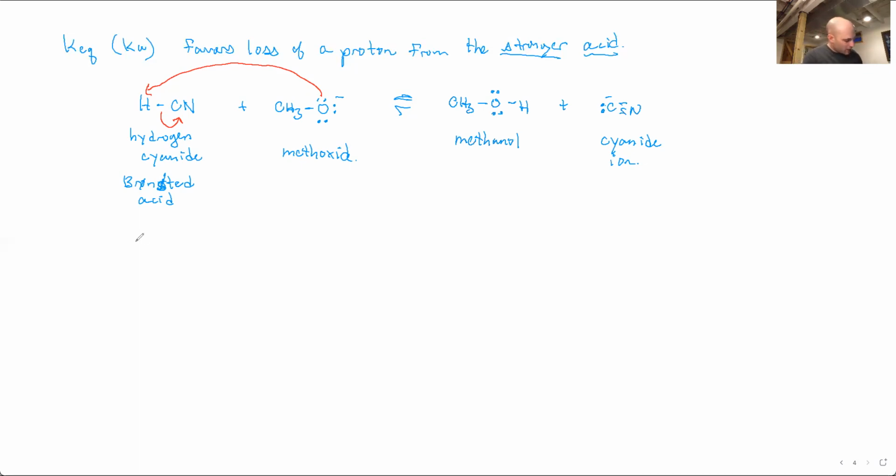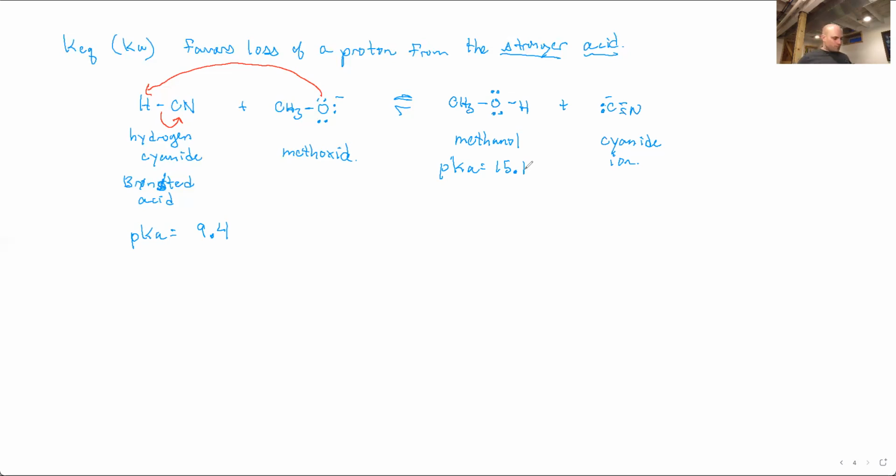And so the pKa of HCN is 9.4, and the pKa of methanol is 15.1, okay?